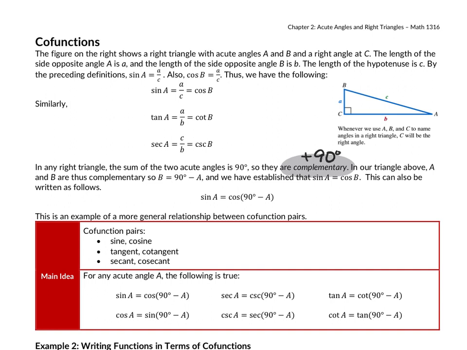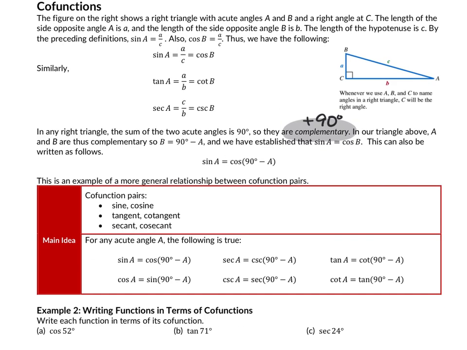So in our triangle above, we can say that angle B is just 90 degrees minus angle A. And since we've established that sine of A is equal to cosine of B, we can substitute 90 minus A in for B, and we get the first of our cofunction identities: sine of A is equal to cosine of 90 degrees minus A.